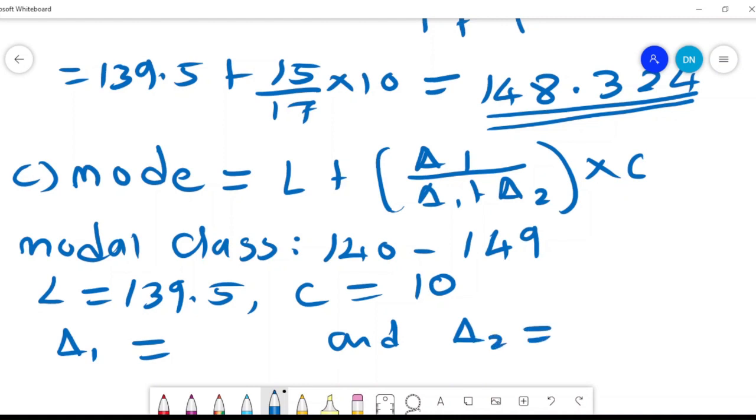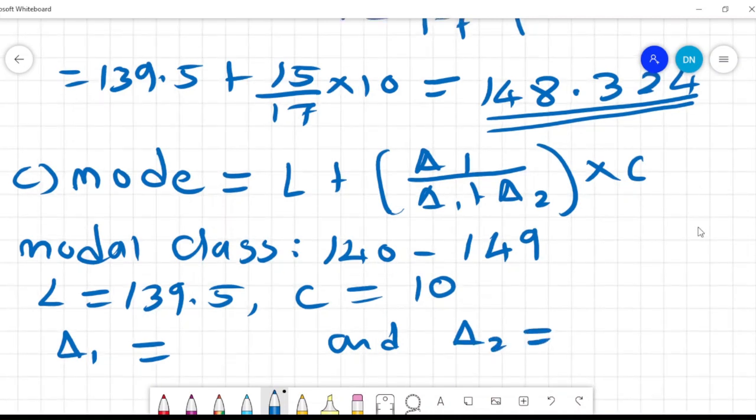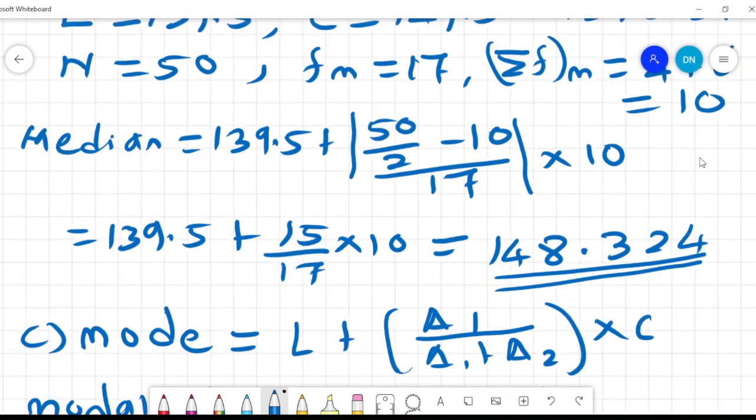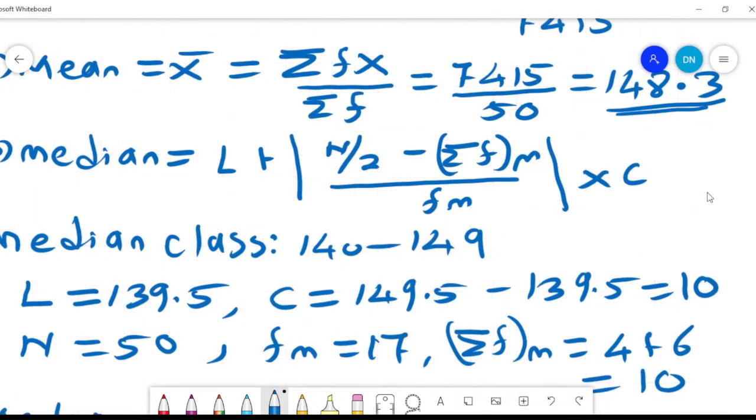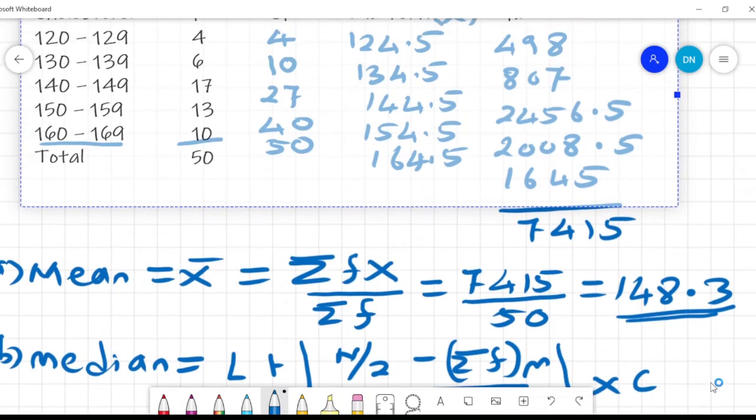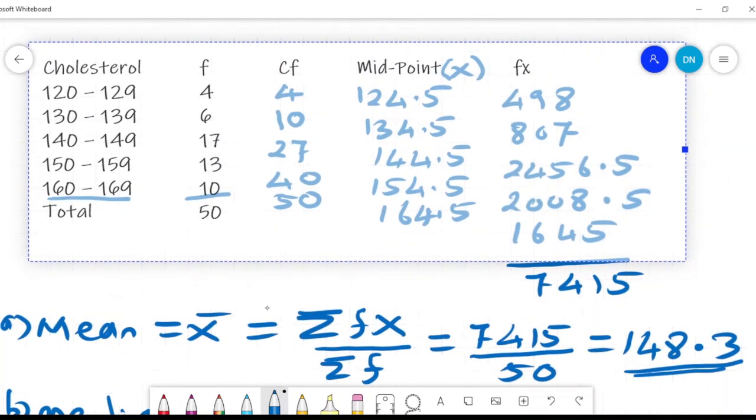So now I take you back to the diagram so that we can calculate delta 1 and delta 2. Here we are. So this is the class we are interested in. When you subtract these two, you get delta 1. And when you subtract these two, you get delta 2.